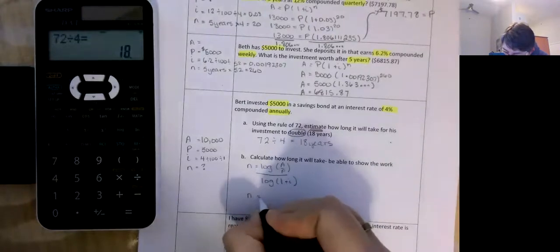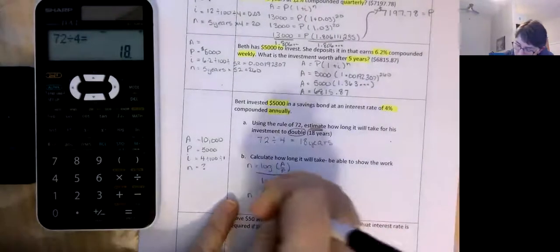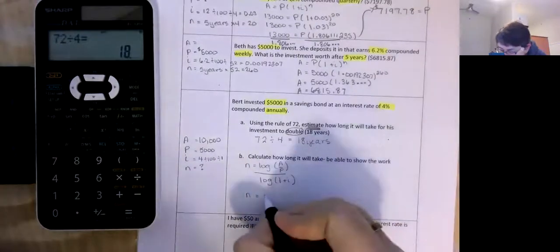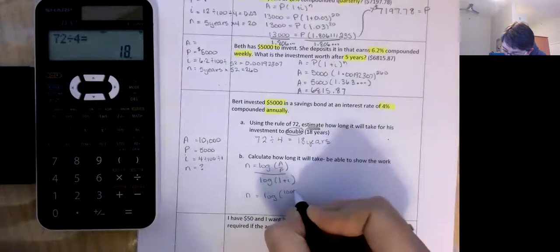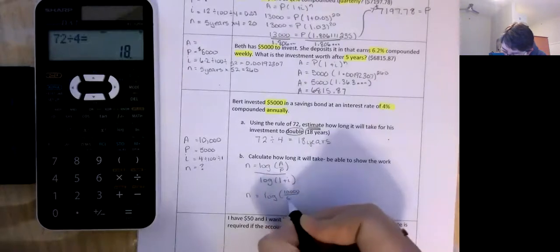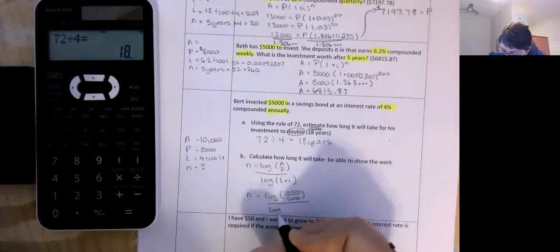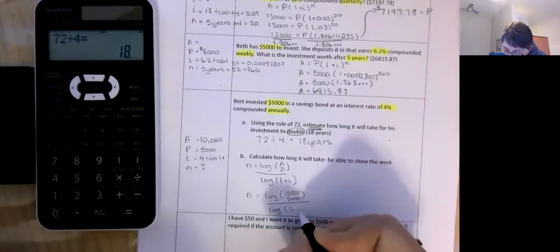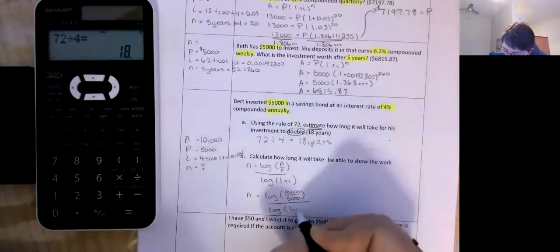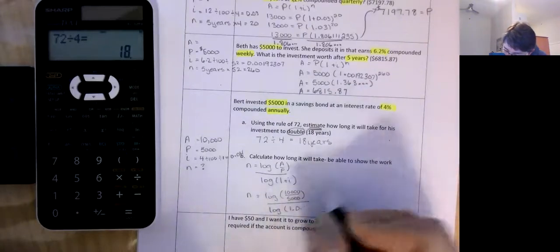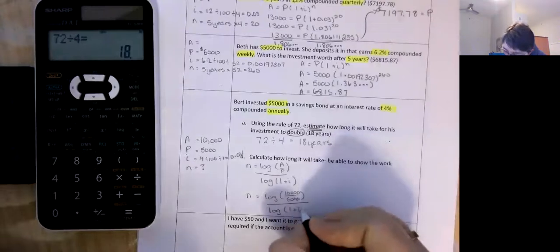So N is equal to the log of A, which is 10,000. Oops, forgot the word log. That's important, you need that. 10,000 over 5,000 over log of 1.04.